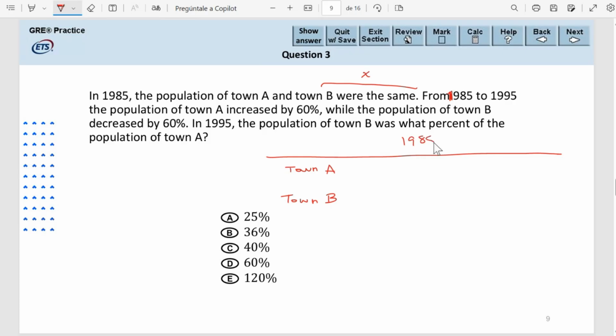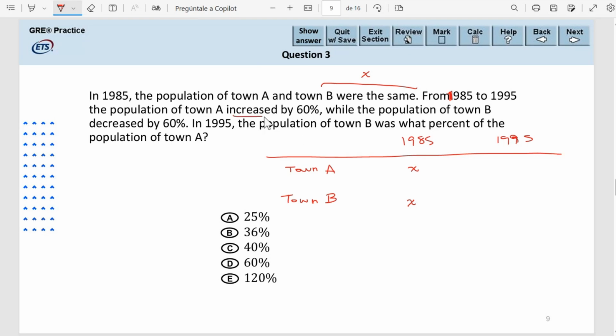So two different times are mentioned, right? And how these populations changed. Originally, the population of town A was X, and so was the population of town B. But in 1995, they had increased and decreased respectively. The population of town A increased by 60%.